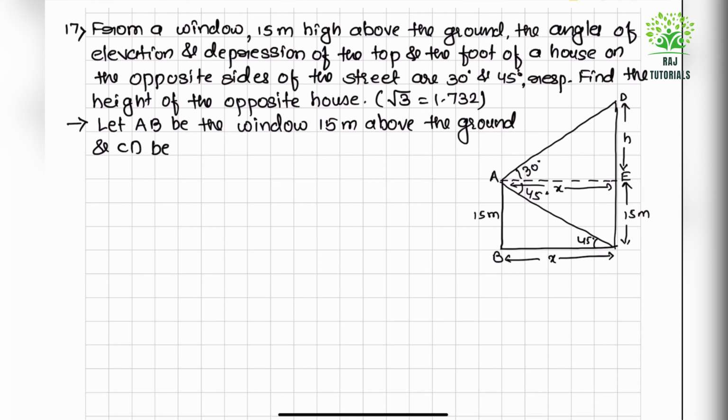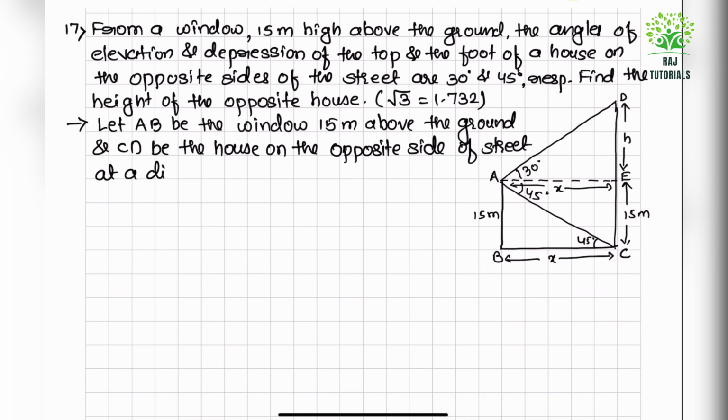15 meter above the ground, and CD be the house on the opposite side of street at a distance of BC.